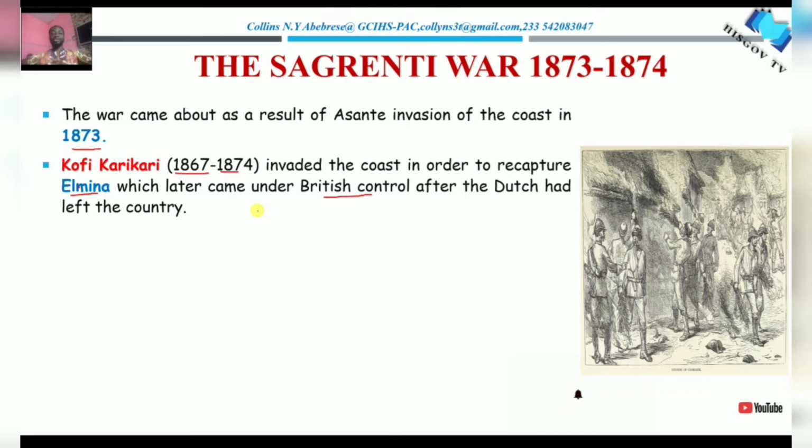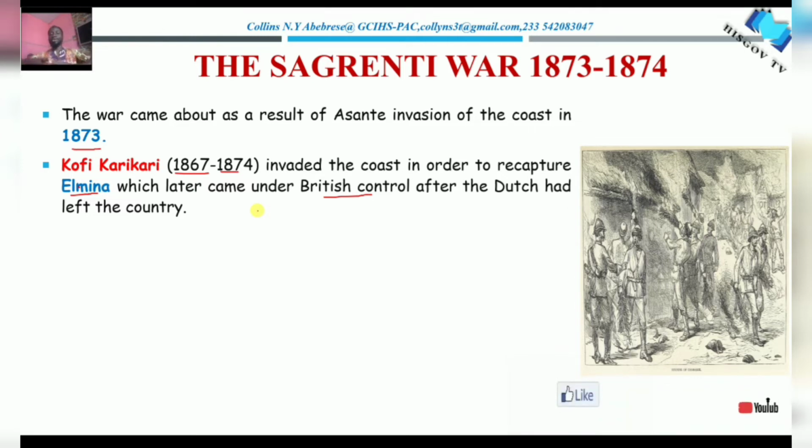And don't forget the Dutch were friends of the Asante Empire. The Dutch were not really interested in colonizing the Gold Coast, so they were mainly concerned with trade. So far as you trade with them, they did not have any issue with the Asante.